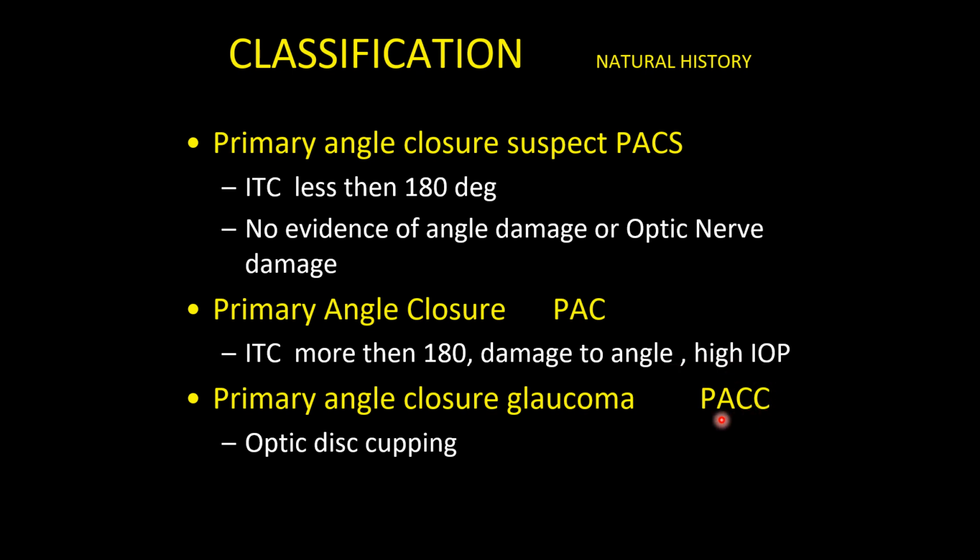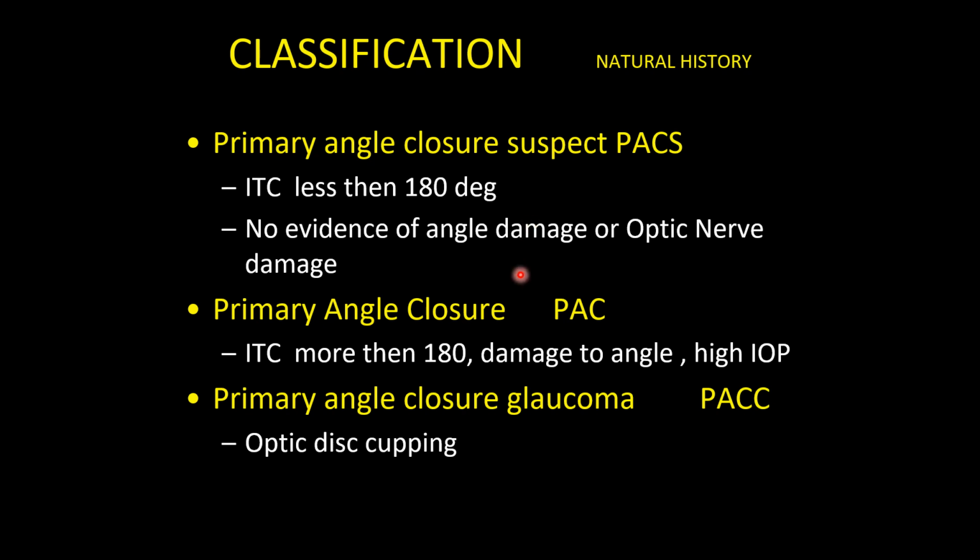I have written PACC by mistake, it is PACG. So basically, in suspect, the angle is narrow and there is iridotrabecular contact, less than 180 degrees of trabecular meshwork is visible on gonioscopy.